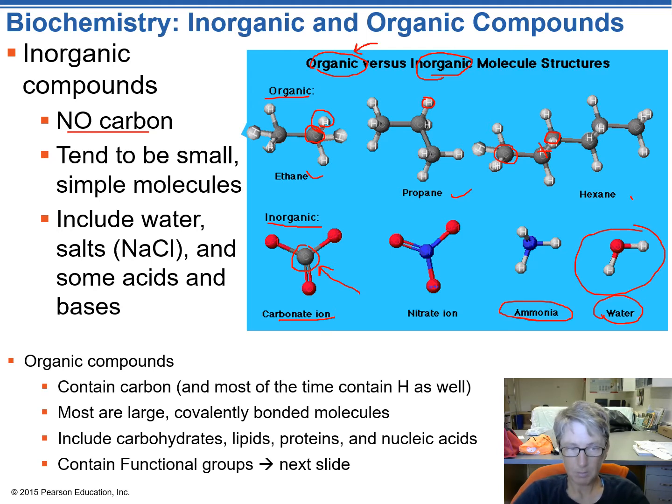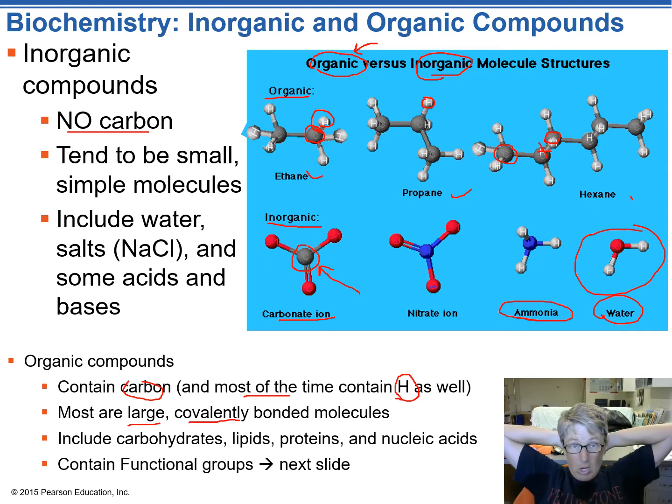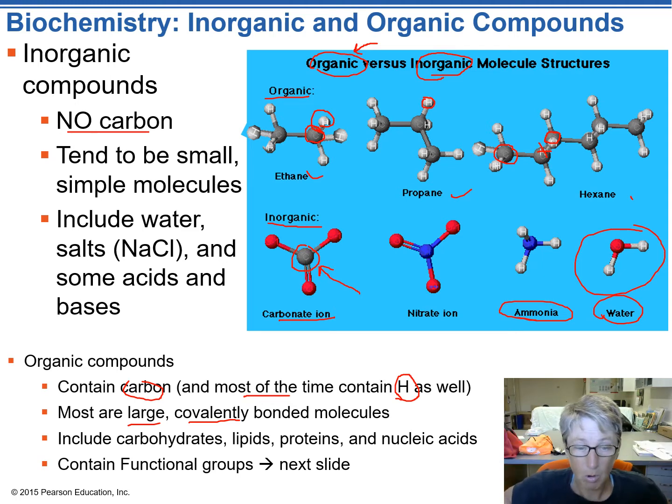Organic compounds, like I said, contain carbon, and most of the time, remember there's an exception to every rule, organic compounds contain hydrogen as well. Most organic compounds are large and they're covalently bonded. Do you remember what a covalent bond is from the previous videos? You can pause this and think about what a covalently bonded molecule is.